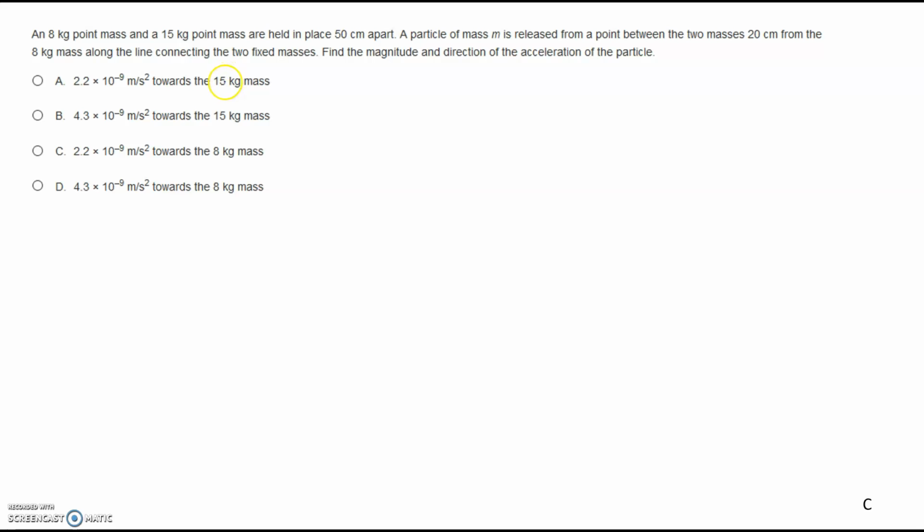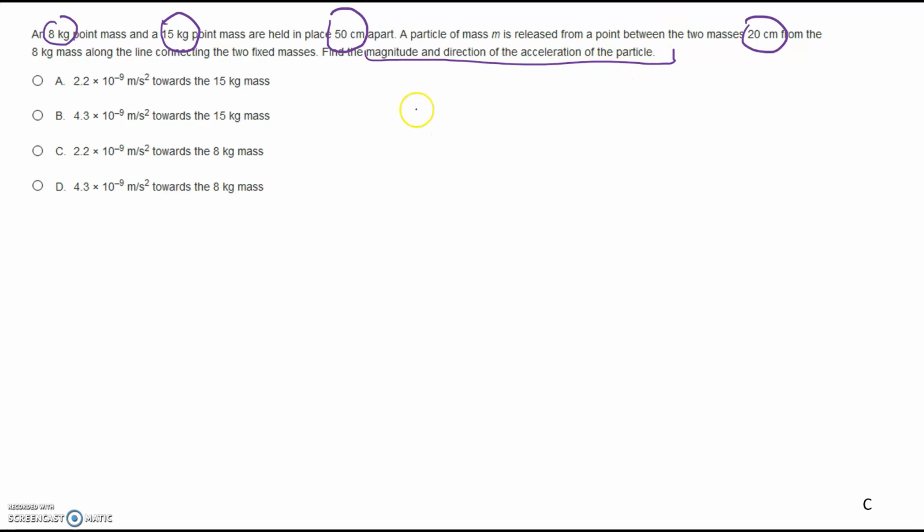Okay, number 4. So we have an 8 kilogram point mass and a 15 kilogram mass held in place 50 centimeters apart. A particle of mass m is released at a point between the two masses, 20 centimeters from the 8 kilogram mass. Find the magnitude and direction of the acceleration.